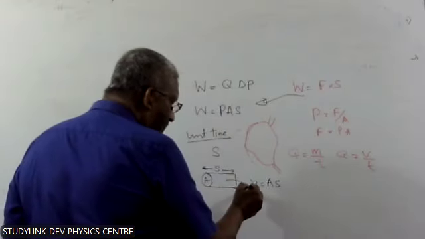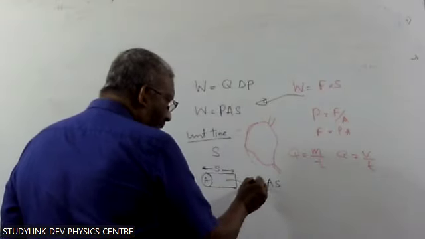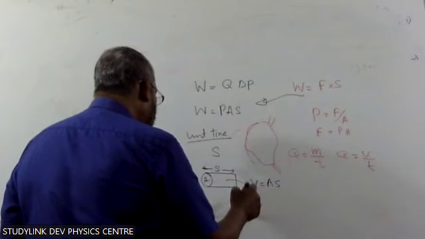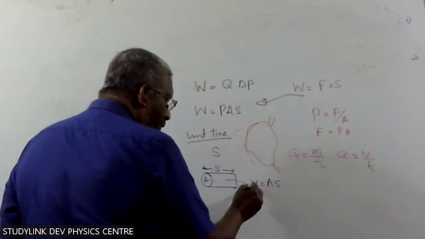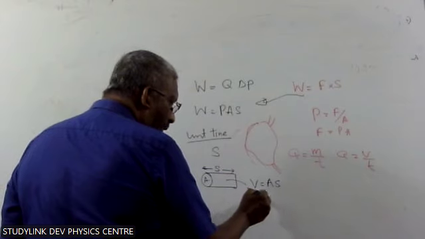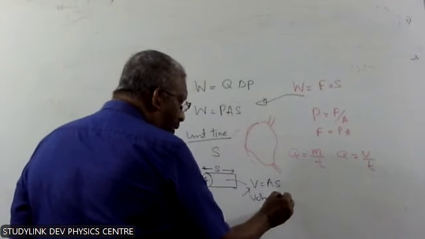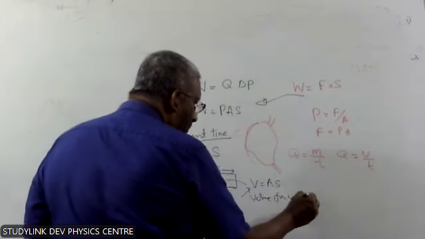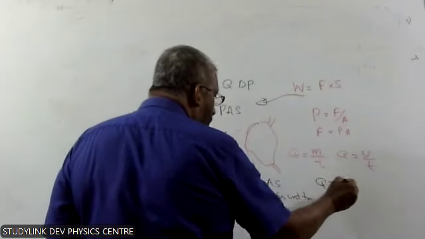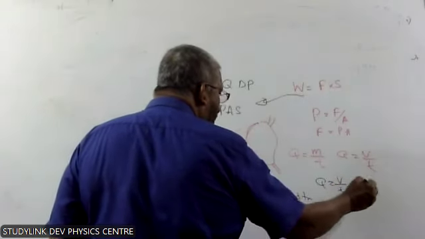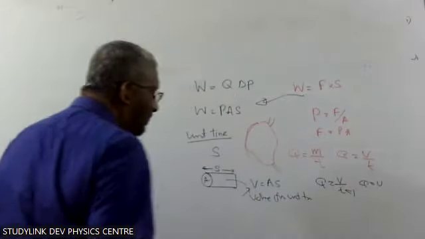What is this AS? V is volume for unit time. That means Q is equal to V over T. T became 1, then Q is equal to V.